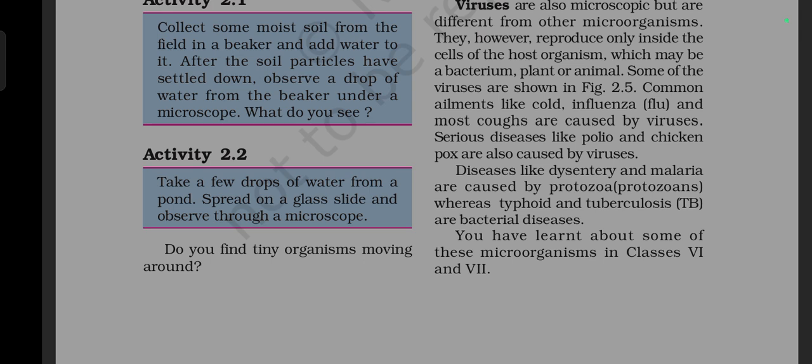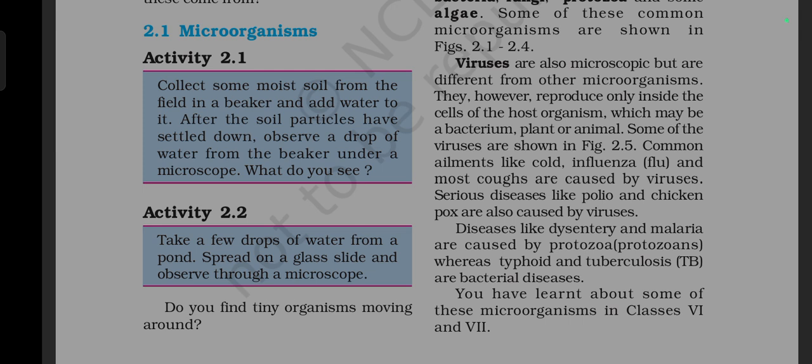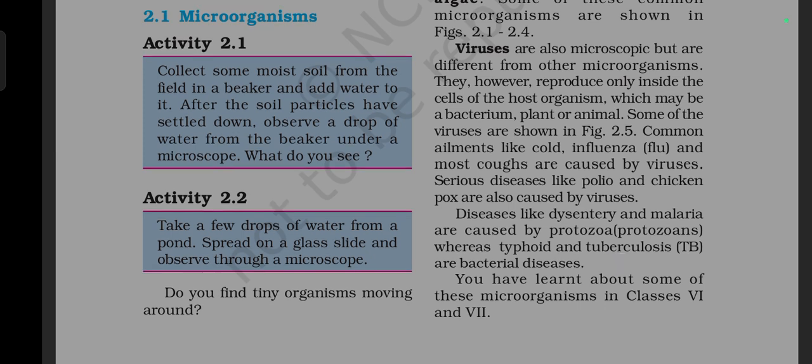Diseases like dysentery and malaria are caused by protozoans or protozoa. Some other type of disease like dysentery and malaria, this kind of disease is caused by protozoa, whereas you have heard about typhoid or tuberculosis, that is TB, which are bacterial diseases.